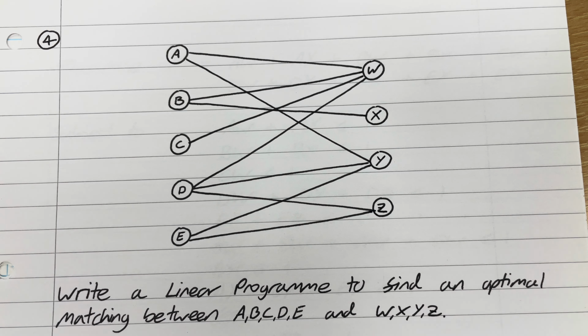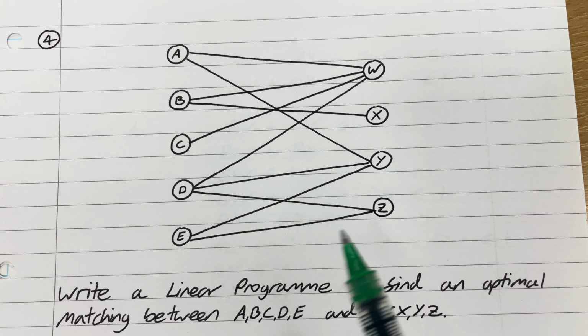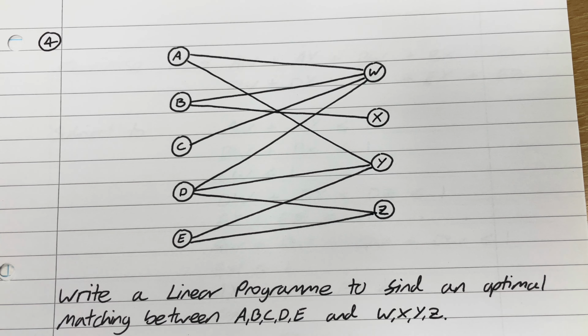So a practical example of this might be we have perhaps 5 workers, we have 4 jobs that need doing, and the arcs represent which workers can do which jobs, and we want to match a worker to a job. Okay, so that's the problem, and how do we write a linear program to solve this problem?